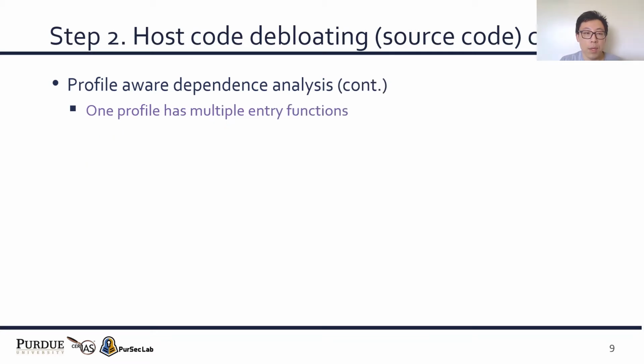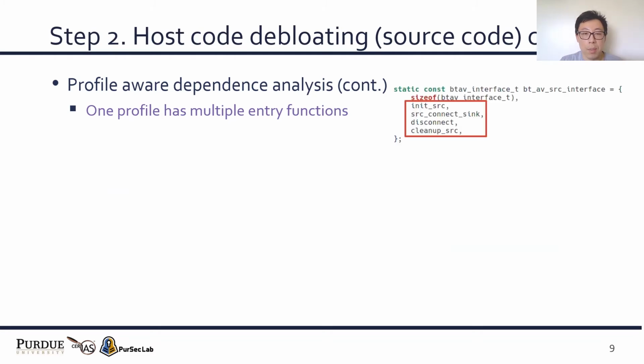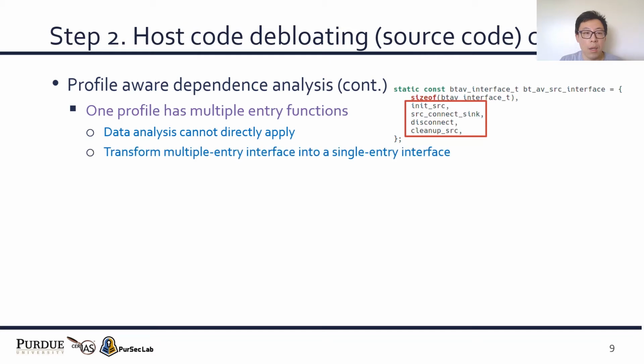However, one profile has several entry functions, like the code snippet shows, which makes it so the data analysis cannot directly apply. To solve this problem, we transform the multi-entry interface into a single entry interface.